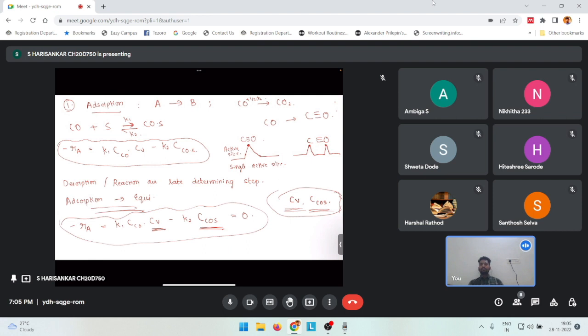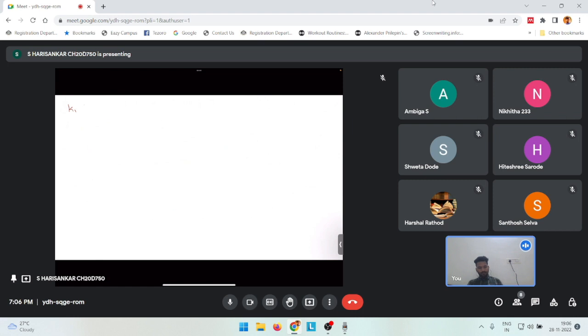Adsorption being in equilibrium. So if adsorption is in equilibrium, minus Ra, which is K1 CCO into Cv minus K2 CCOS, will be equal to 0. That means K1 CCO Cv equals K2 CCOS.